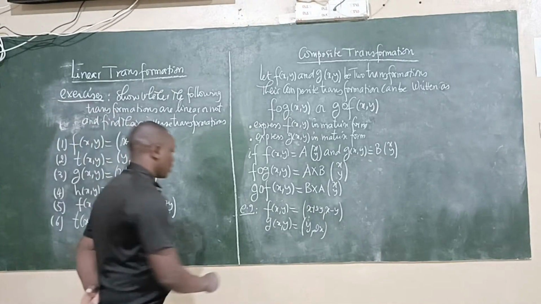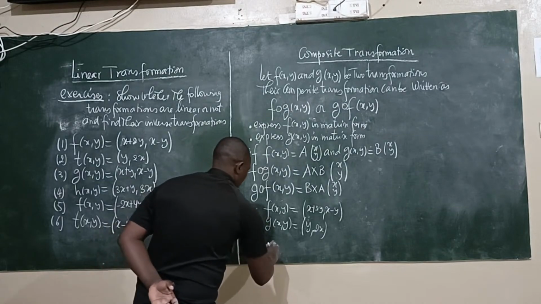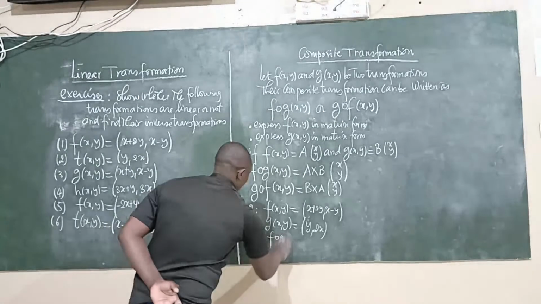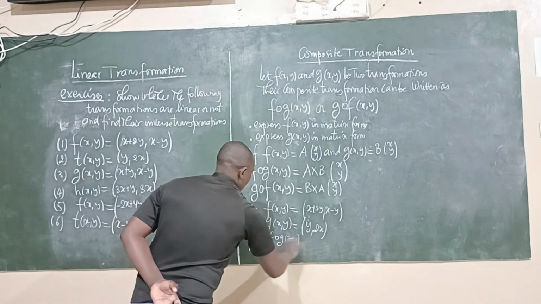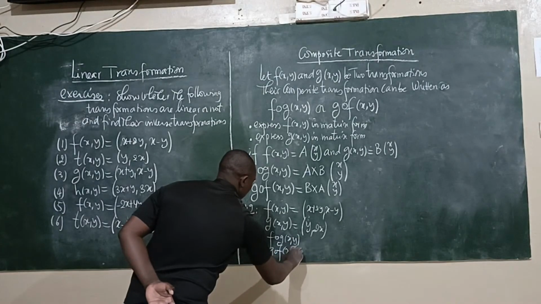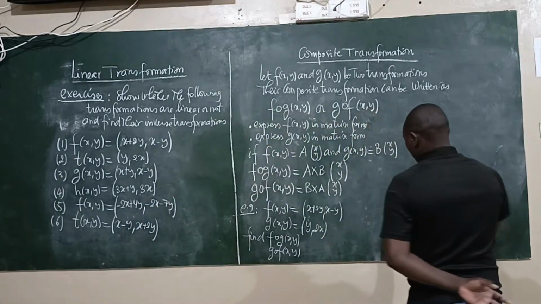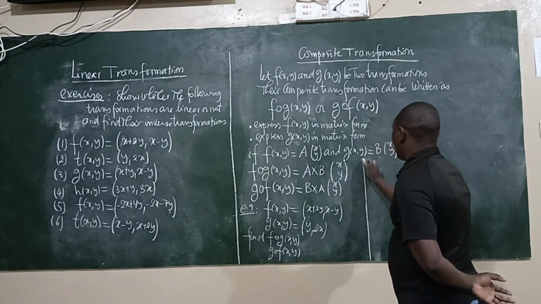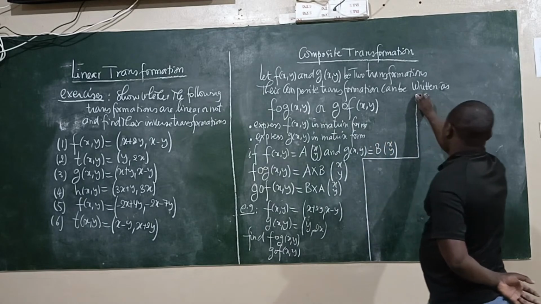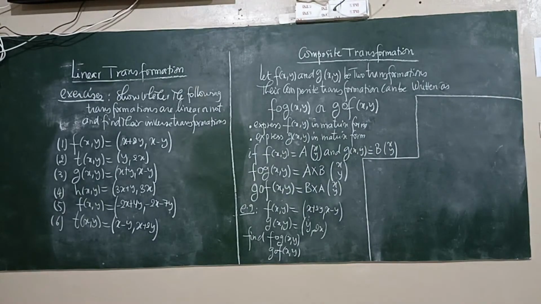Now we need to find f∘g(x, y) and g∘f(x, y). I'm going to keep the answers here.